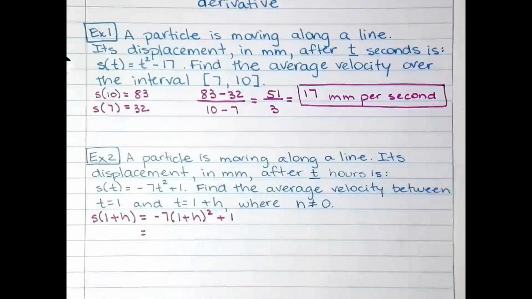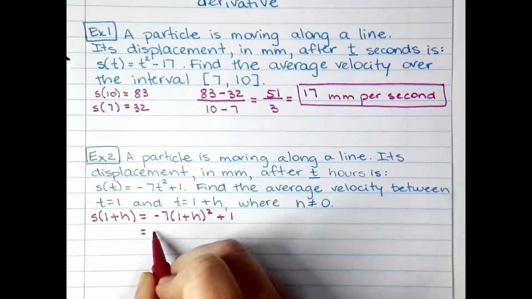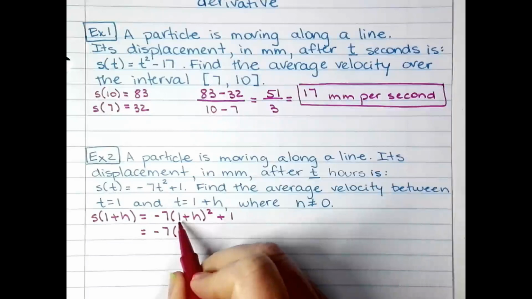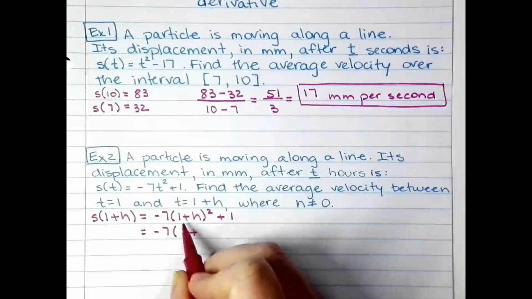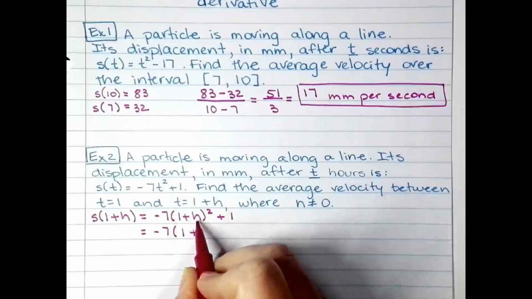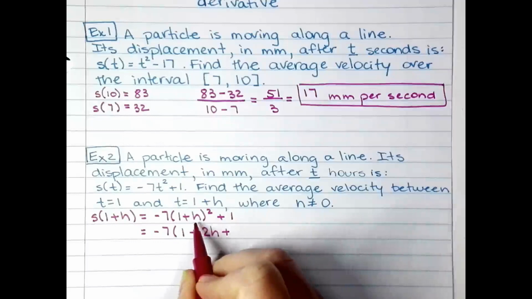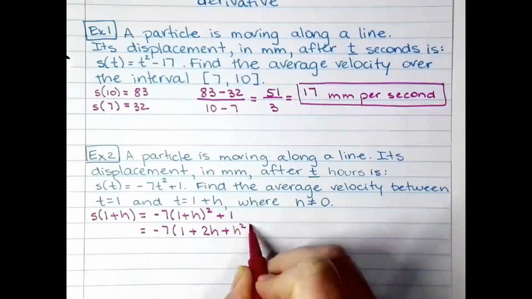And here, I will do the binomial expansion where I square the first one. 1 times 1 is 1. Plus I double 1 times h, so it's 2h. And then I square the last one, so h squared, plus 1.